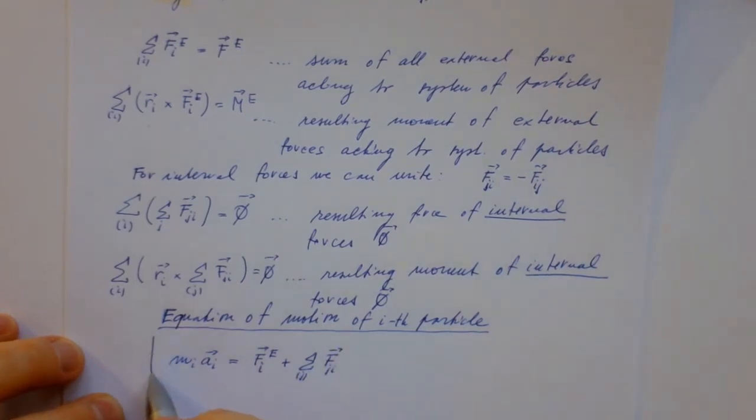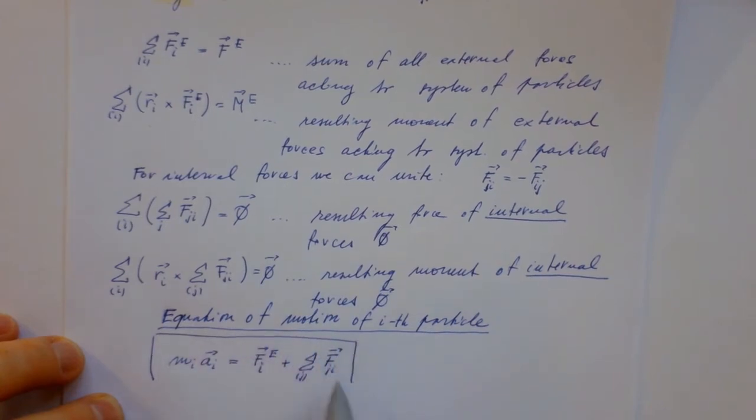Okay, so this is our outcome of this talk. And we expect that j is from 1 to n.